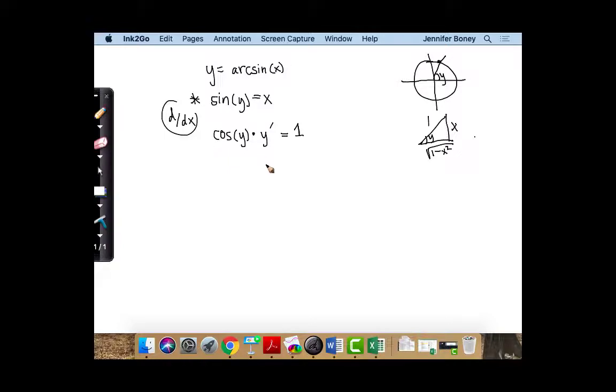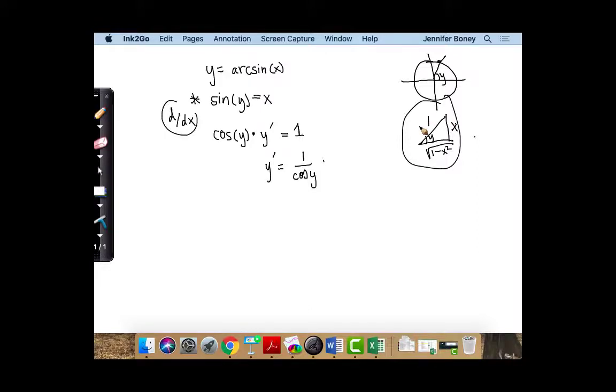So here's our expression. I can write y prime is 1 over cosine of y. It's like, well, that's not the formula that we learned. Y is arc sine of x. Y prime was that 1 over square root of 1 minus x squared. If you look back at this diagram, if y is the angle in question and x is supposed to be the sine value, so I just put a unit circle.